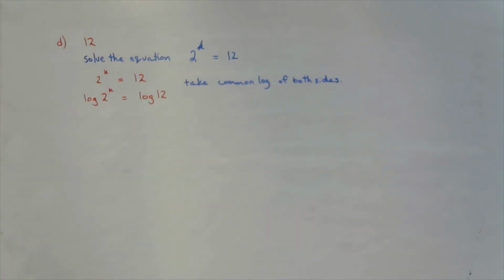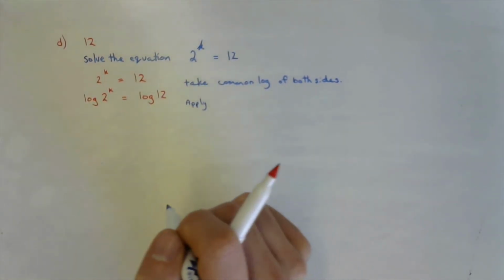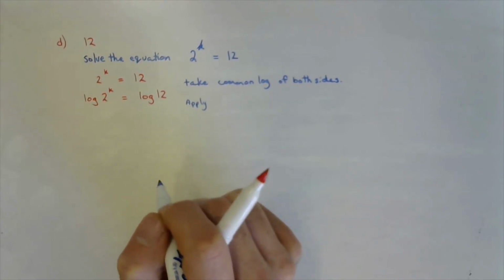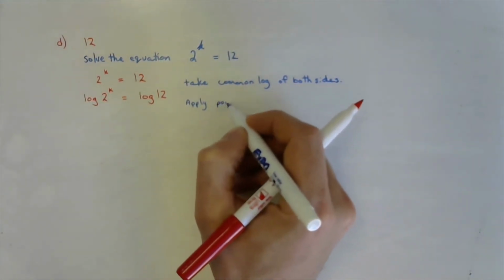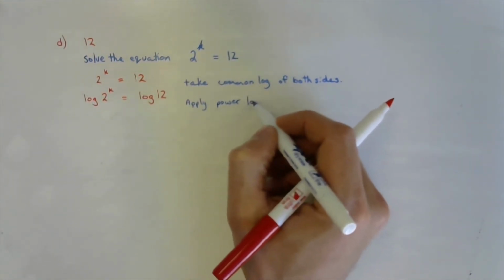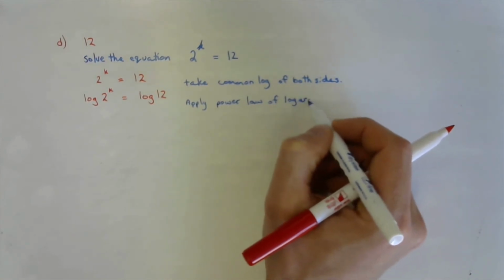Why did we do that? What can I now do on the left-hand side? Well, we can put k log 2 instead of log 2 to the k, so we can apply the power law of logarithms.